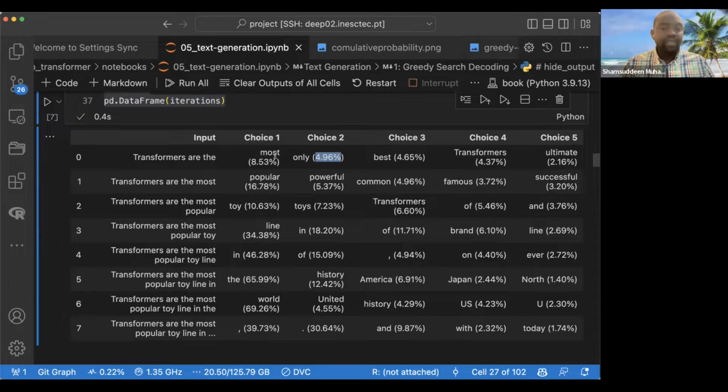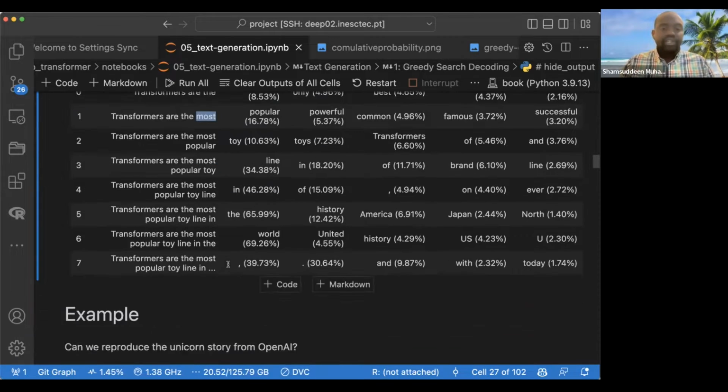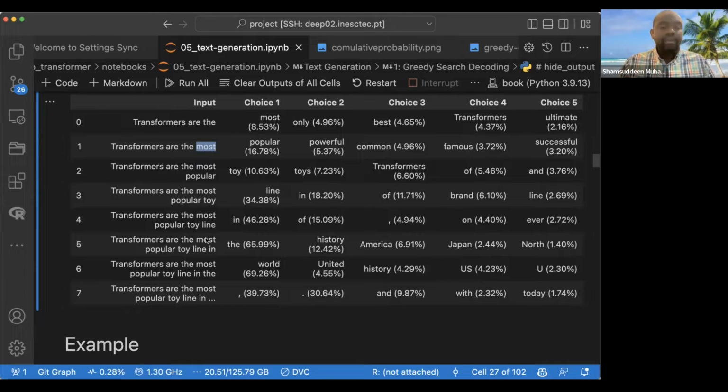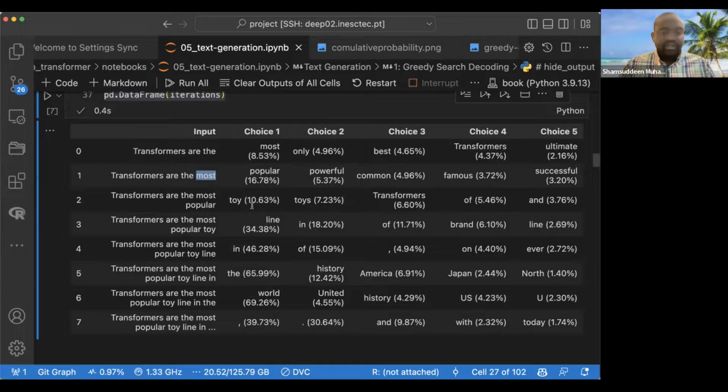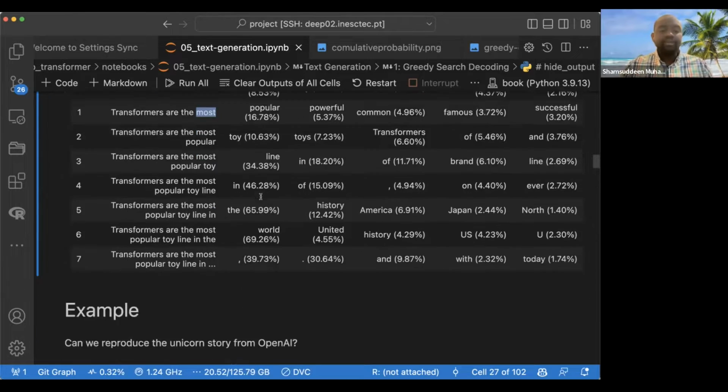Because we are using the greedy method, it takes the one with the highest probability, so we take this one, most, and add it to the previous prompt. We just iterate, adding to the prompt to see what will be predicted next, right? This just shows us how greedy search really works: simply take the highest probability.